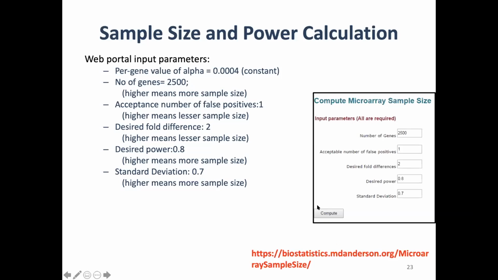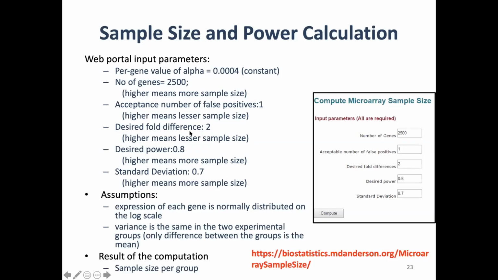There are many other factors, and like I told earlier, in human tumor studies, in identifying breast cancer versus normal, I have seen more than 100 chips being used per group. So to increase the power, people use 100 samples per experimental condition.